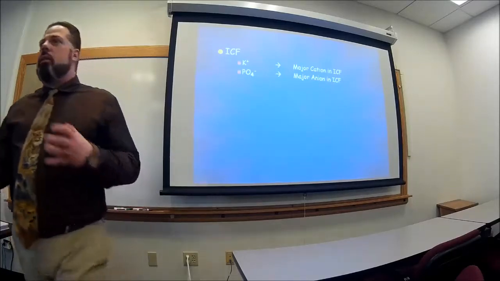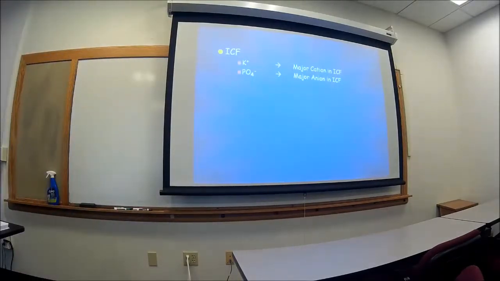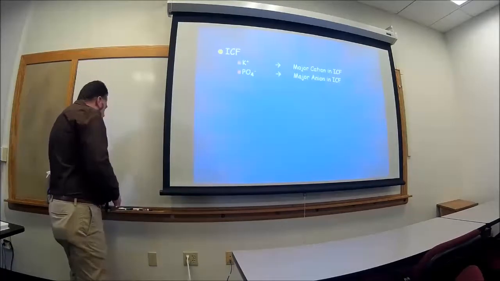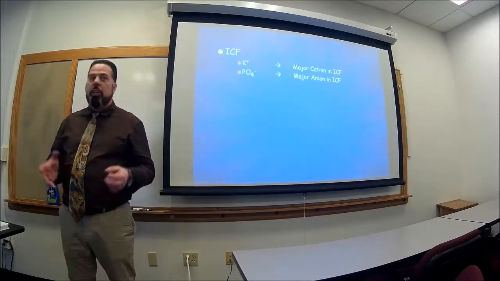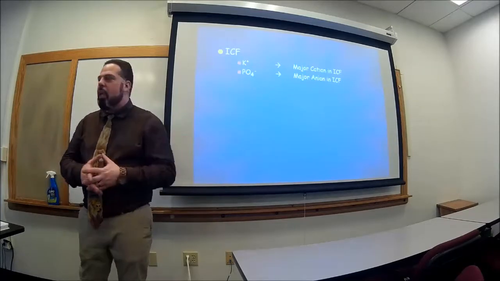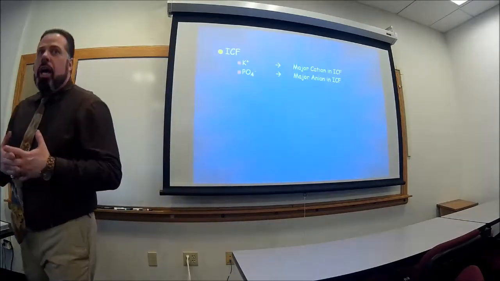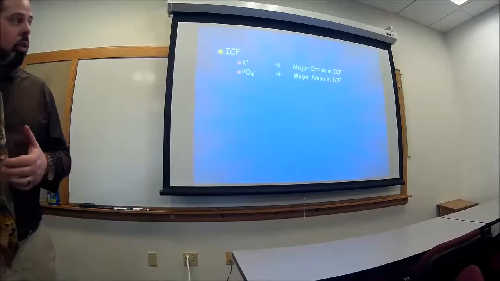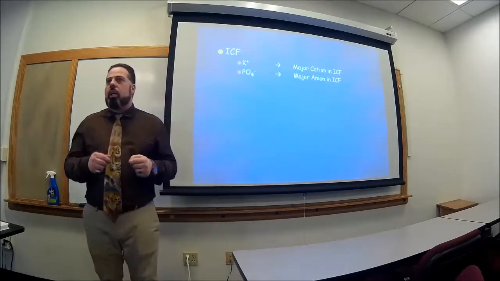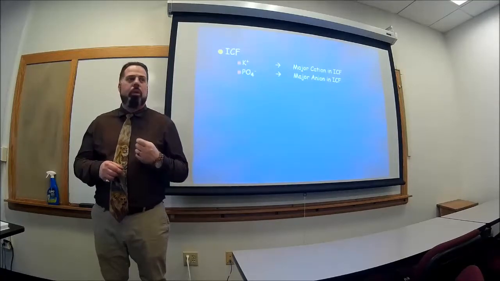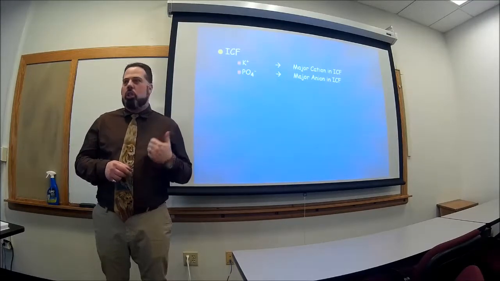So when we look at the cell, we have cations and anions, right? A cation is anything with a positive charge. Think of a happy cat, right? A positive cat. And then we got anions that have a negative charge. So the most abundant cation in the cells is going to be potassium. The most abundant anion inside the cell is going to be phosphate.